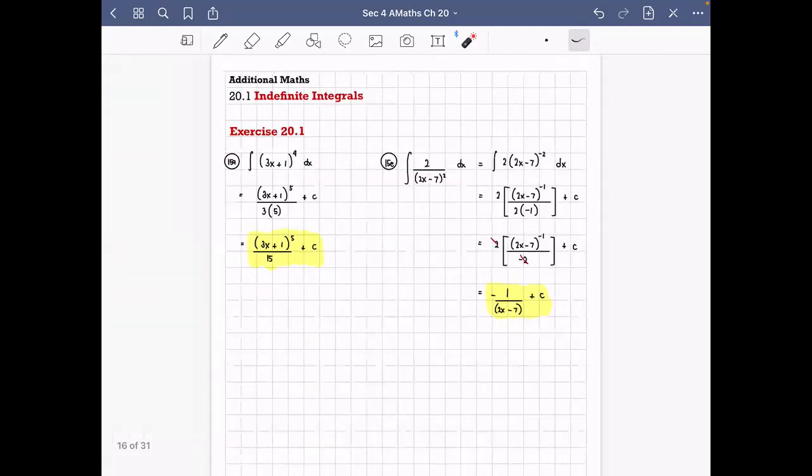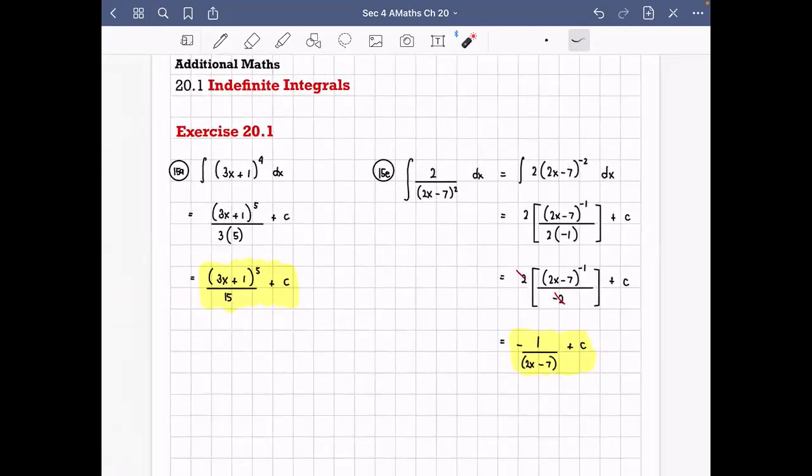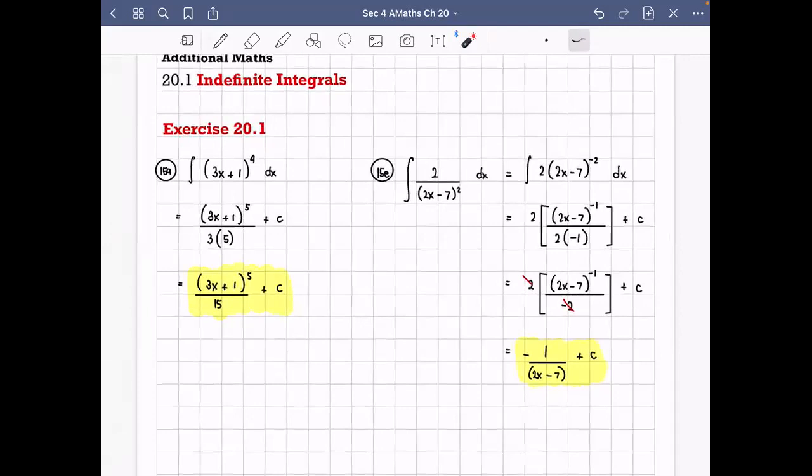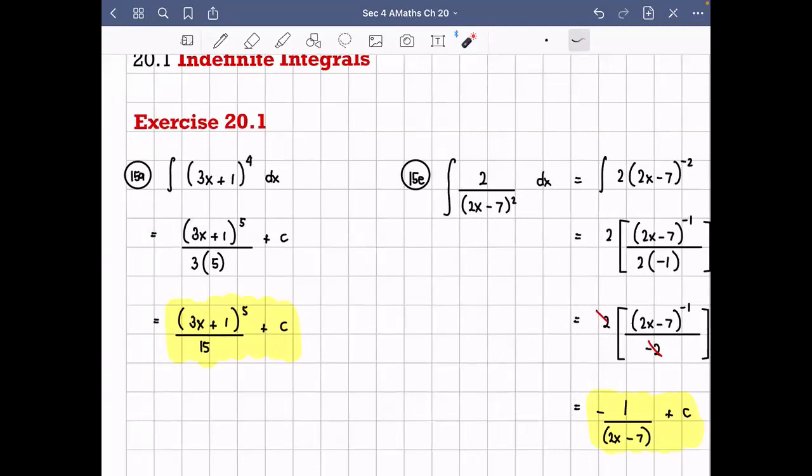And then lastly, the last two questions from your homework. I just asked you to do 15A and then 15E. So for 15A, basically when you have an index outside a bracket or outside an expression, you need to consider the coefficient of that expression, right?